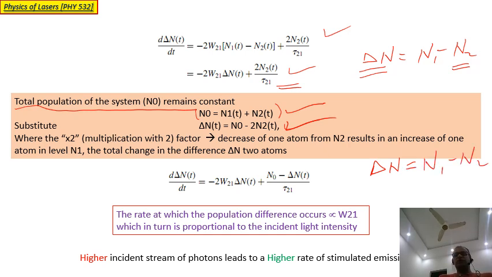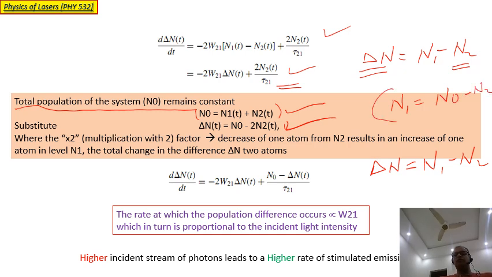So n1 we take from here, so what we get is n1 equal to n0 minus n2.